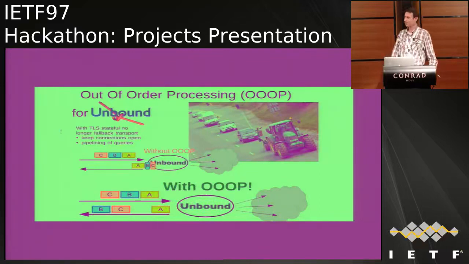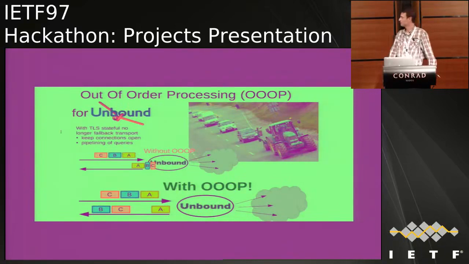And we know that in real life, if there's some slow car, a tractor in front of us, everything will be delayed, and we want to take over. It's impossible with pipelining. So if you have a series of queries, A, B, C, over a pipeline, and A is a little bit slow and takes longer, B and C cannot take over. They cannot be answered earlier, although they are already ready.